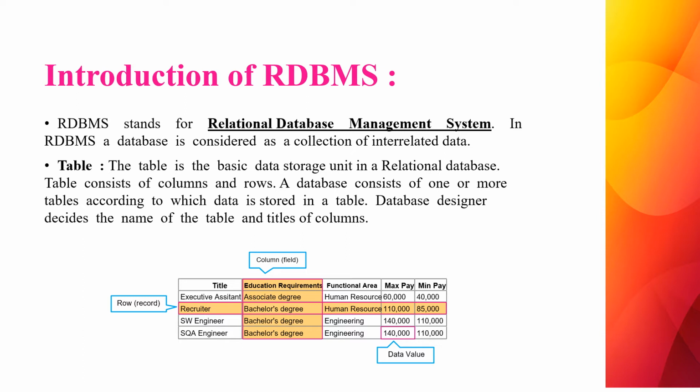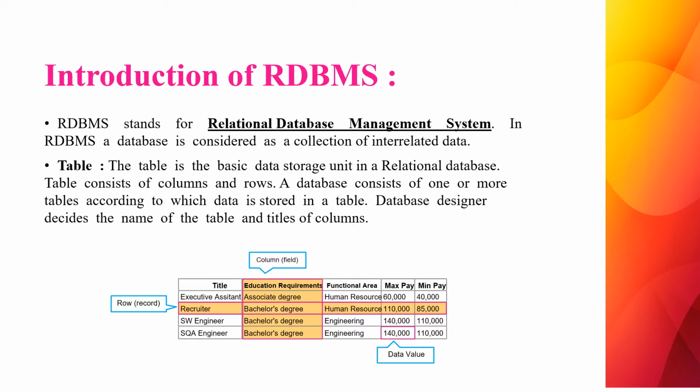A table is a combination of fields and records, in which the fields are known as the vertical columns and records are the horizontal rows, which are also known as tuples. Now consider the following example. In this table, the title, education requirement, functional area, maximum pay, and minimum pay are the columns, which are vertical.